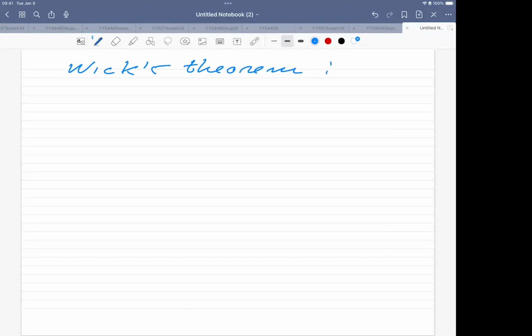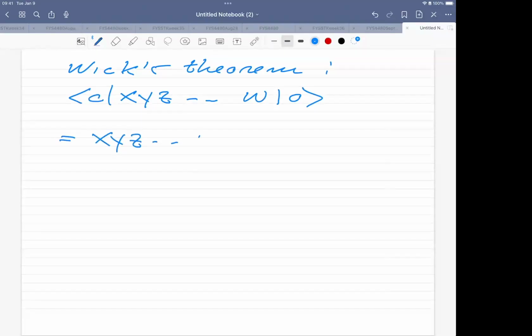So Wick's theorem simply states then that when we write this expectation value, x, y, z, up to an operator omega of 0, which we often just write like x, y, z up to w, when we have used the theorem, the only thing we need to evaluate is just the sum over all contractions, which we write like this, where we then have the chain of operators.